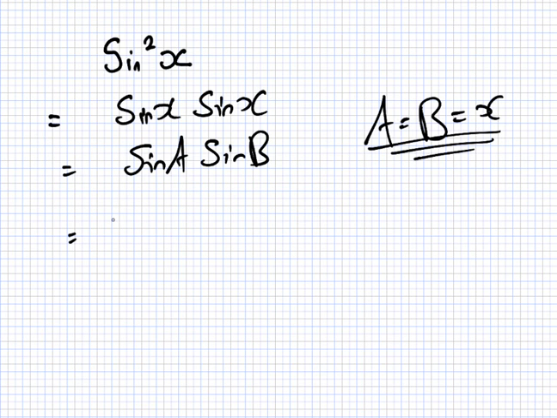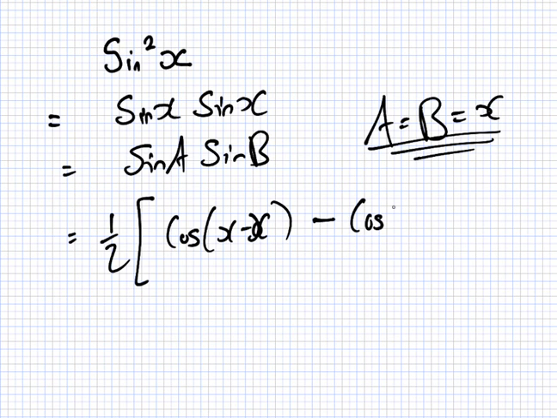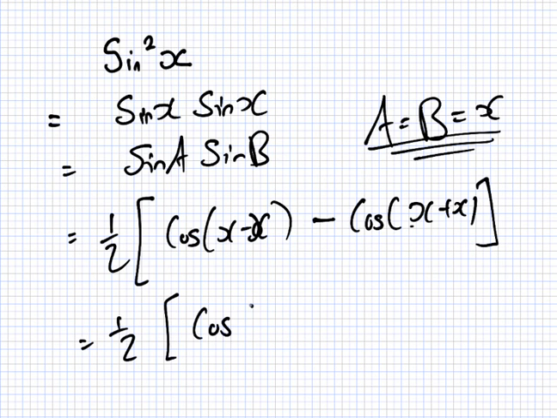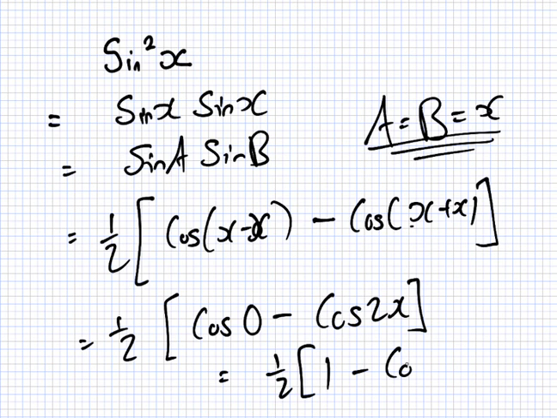What's our formula? It's a half cos A minus B minus cos A plus B, so it'll be cos x minus x. Next, A plus B here, so x plus x. So this is a half, cos 0 minus cos 2x, which is a half, 1 minus cos 2x. You got that?